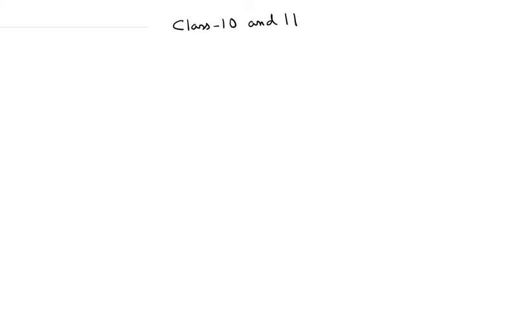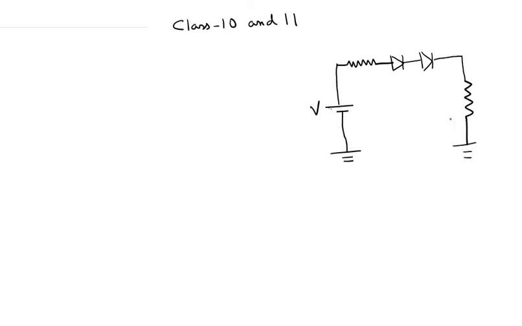So we have this circuit. There is a voltage source V which is grounded here, and there is a resistor R followed by two diodes, and then we have a resistor R2 here and a resistor R1 here, and then we have a diode which is in parallel with this resistor.